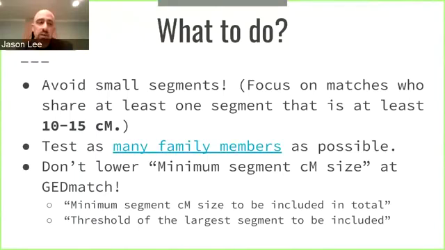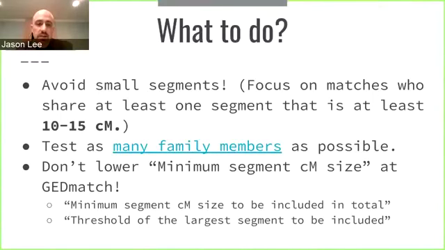And you might say, well, just stick with the top of the match list, but you have new matches coming in all the time. Some of these low centimorgan matches are going to be showing up on your search results. You may be searching for a particular surname, and you'll get a small centimorgan match, and you'll be interested in finding out what's going on there.